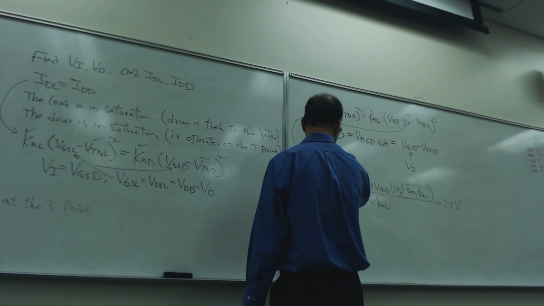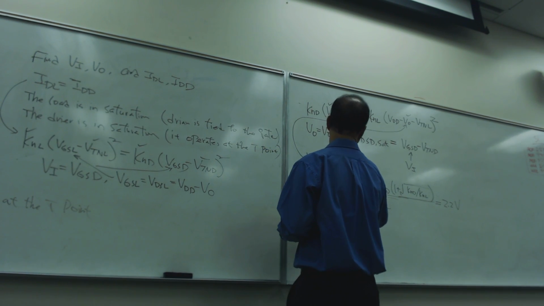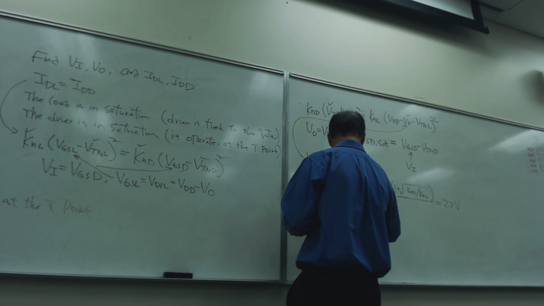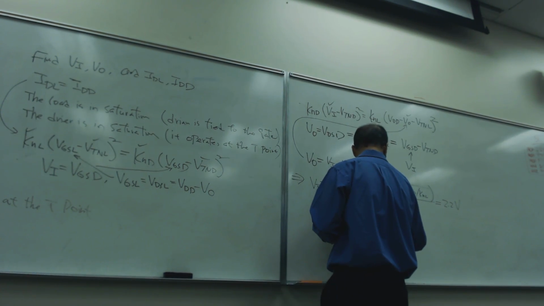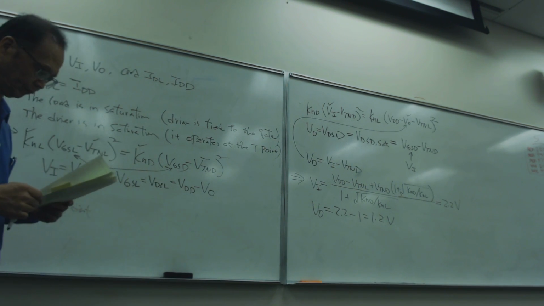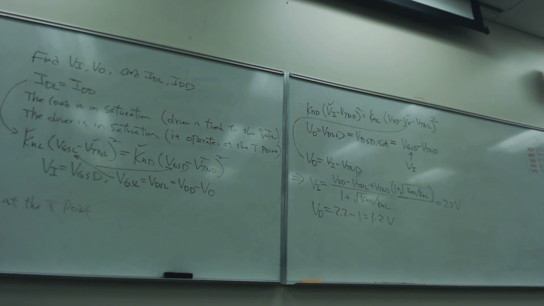So V sub O equals this minus that, and you get 2.2 minus 1 equals 1.2 volts.